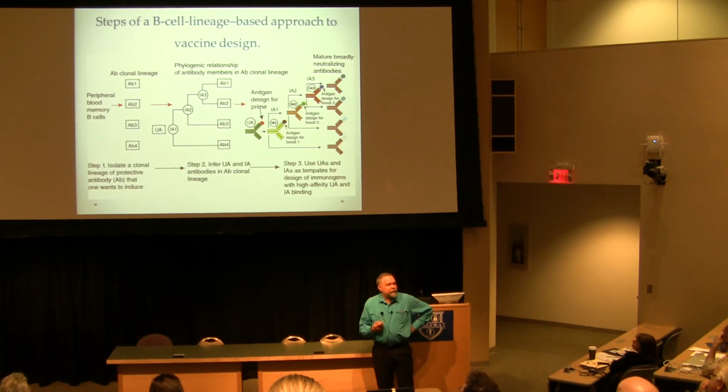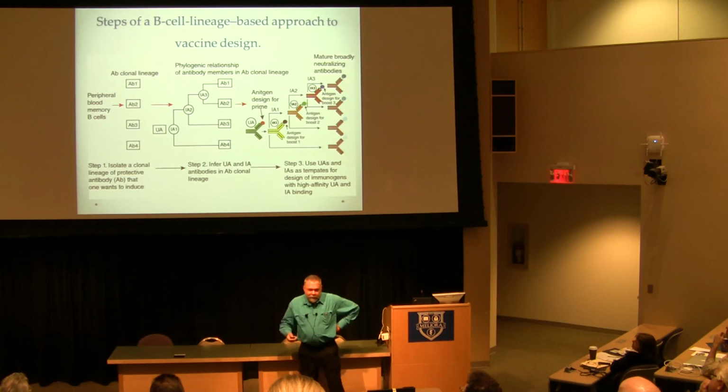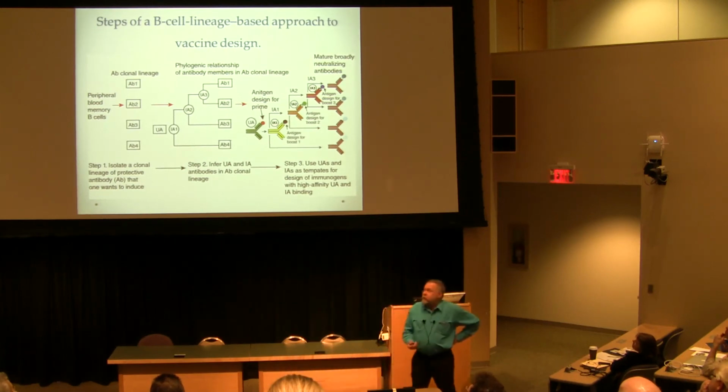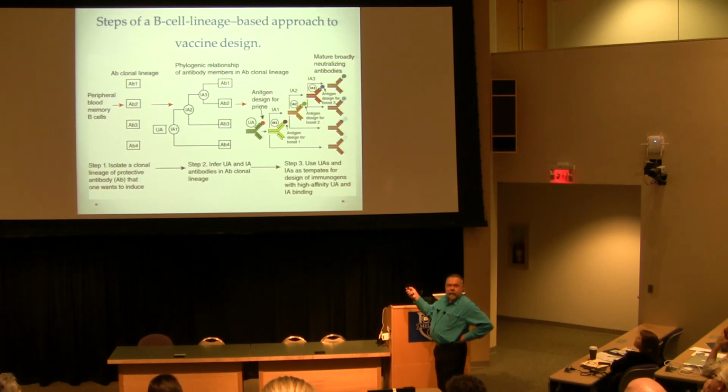And we do this by a combination of experimental methods and computational methods, and vaccinate with the original antigen so that we can expand the pool of precursors. And then once we've got the expanded pool of precursors, we then boost with additional antigens attempting to drive us toward the antibodies that we seek.